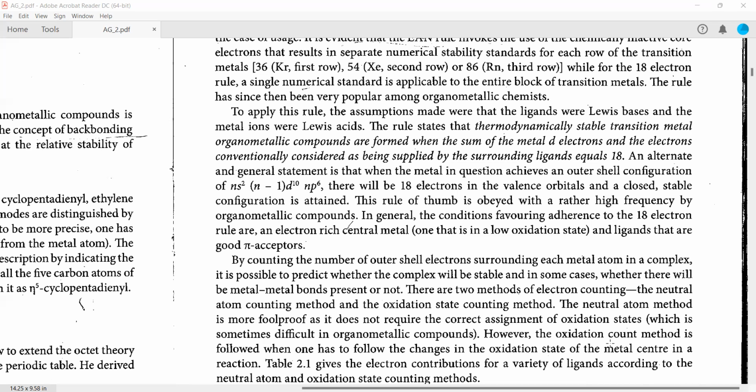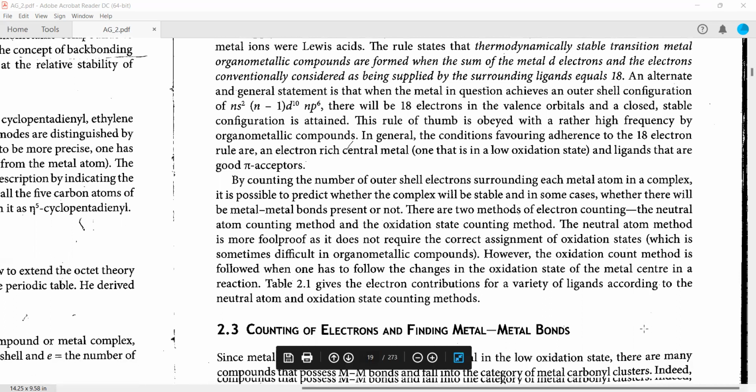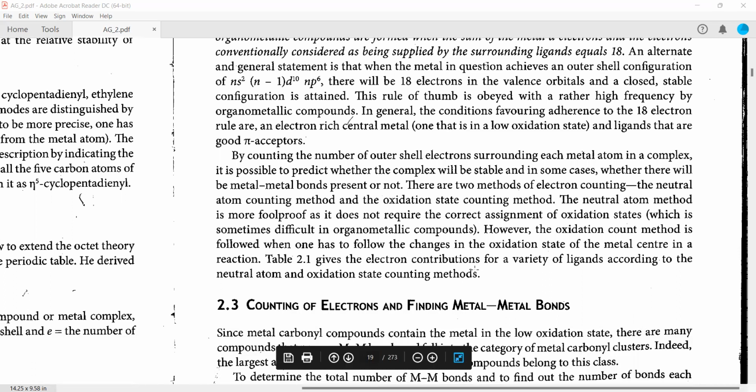However, the oxidation state counting method is followed when one has to follow the changes in the oxidation state of the metal center in a reaction. Now, table 2.1 gives the electron contribution of a variety of ligands according to the neutral atom and the oxidation state counting methods. We will talk about this table very deeply, because this is where the key lies. If you know which type of ligand gives how many electrons to the metal, only then can you count the electrons.